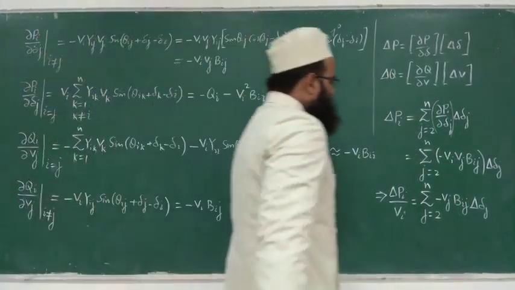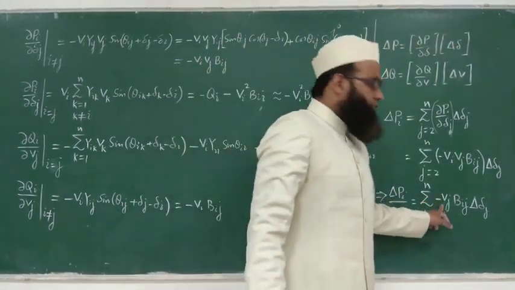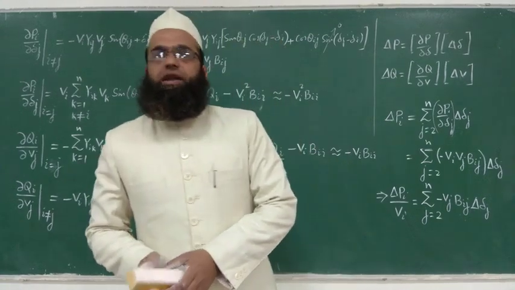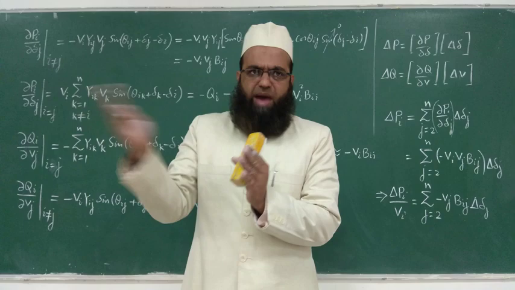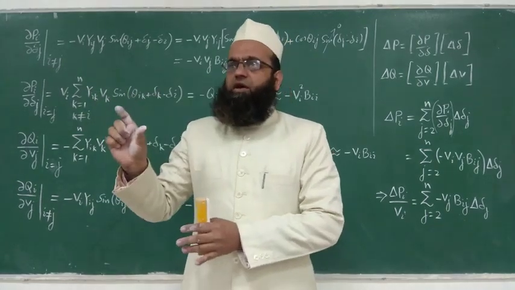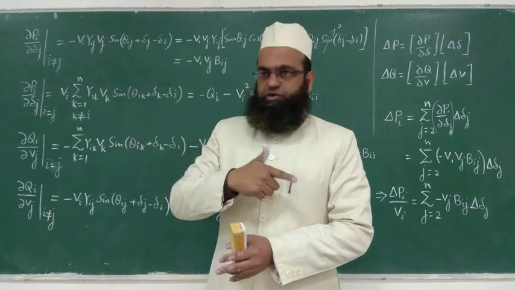One more approximation. In steady state, bus voltage magnitudes are nearly equal to 1 per unit, plus minus 5% from V min to V max. So that can be assumed as 1 per unit. This is a further assumption.